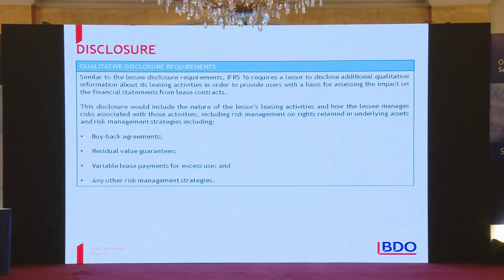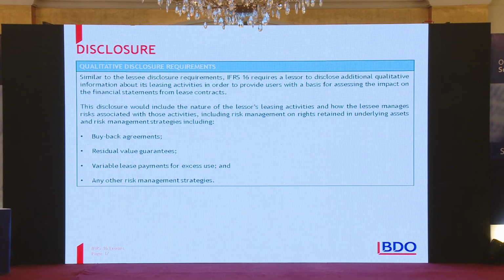From a qualitative disclosure requirement perspective, the increased disclosure is primarily with respect to risk management guidelines and an entity's disclosure about how the risks are managed on the underlying assets. And these include risk management strategies relating to buyback agreements, residual value guarantees, variable lease payments for excess use. So for example, in many countries, for example, auto leases, if you have used the vehicle more than a certain mileage, there's an excess use component.